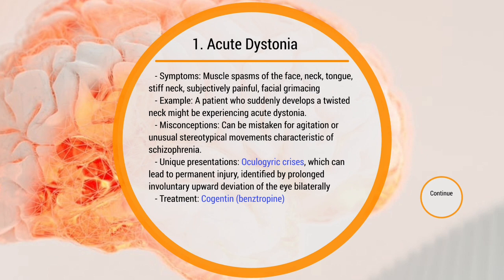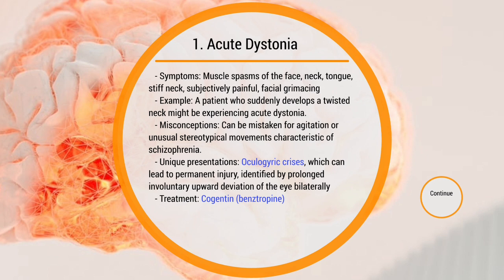One unique presentation of acute dystonia is oculogyric crisis. It is a crisis, and we need to fix the issue before it becomes a permanent injury, right?